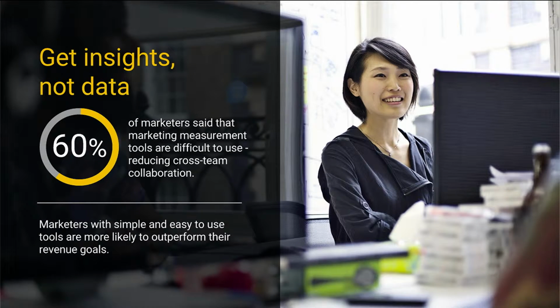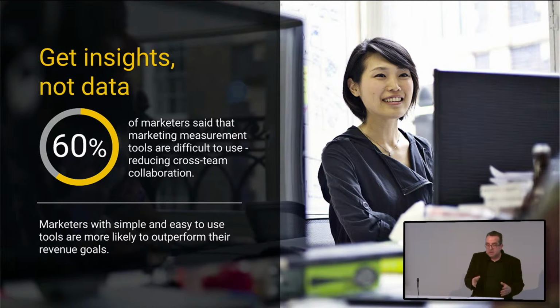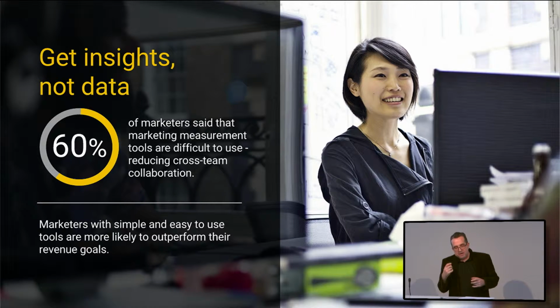Marketers need enormous computing power, data science, and smart algorithms all working together to quickly make sense of all the data that's available to them. In order to get insights, tools have to be easy to use and smart, but most marketers say their tools are difficult to use.